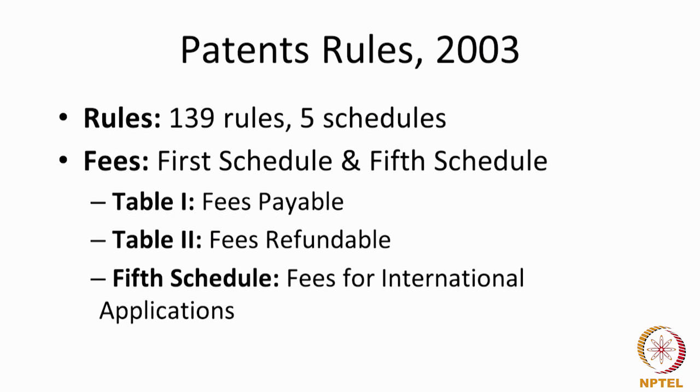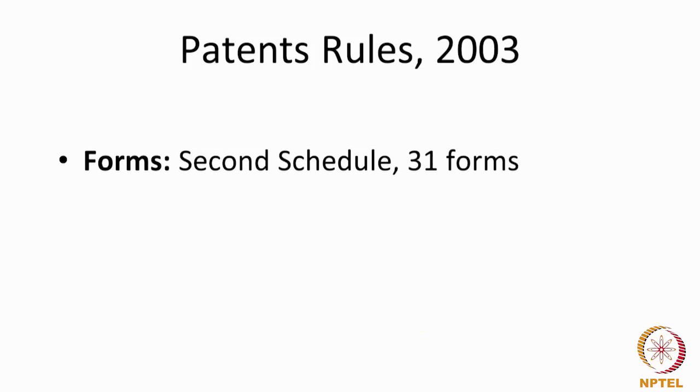The fifth schedule talks about fees for international applications. So, of the 5 schedules, 2 schedules, that is the first schedule and the fifth schedule, deal with fees, either fees filed before the domestic patent office for local patent applications, or what we call Indian applications, or for international applications. The second schedule lists the various forms that an applicant needs to use while filing things before the patent office.